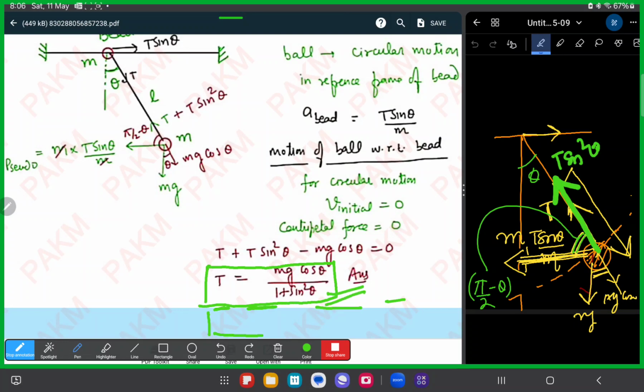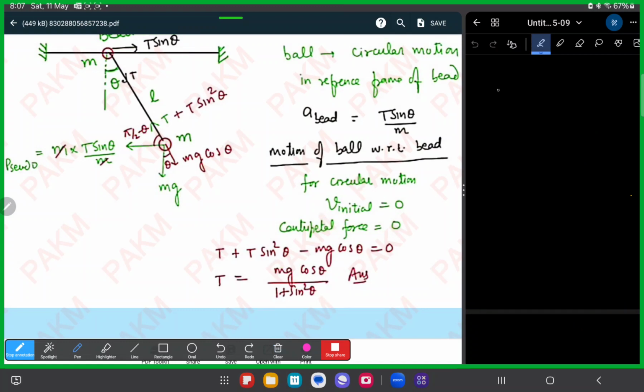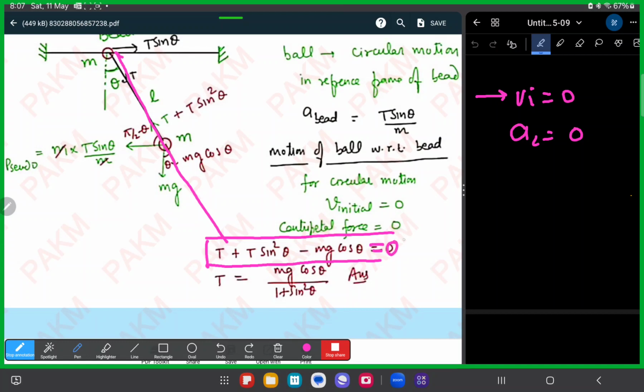So what we have understood here: we have made this motion fixed, the pseudo force is acting, and since they are asking initially, the initial velocity would be 0, and when the initial velocity is zero, the initial acceleration is also zero. So along the radial line, we equate all the forces to zero. This way we can get the value of tension.